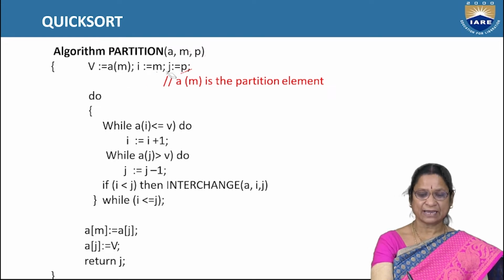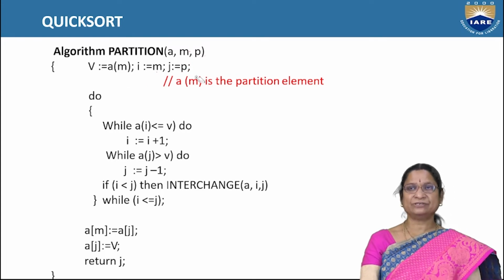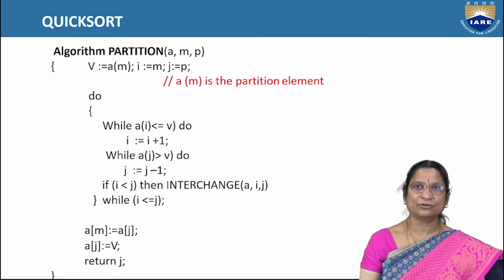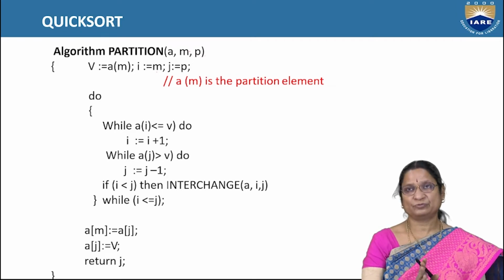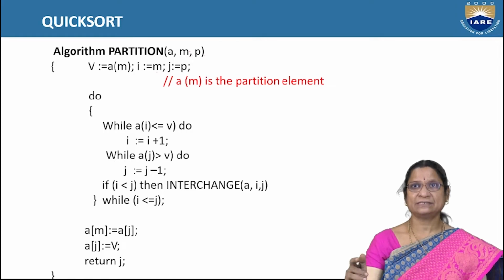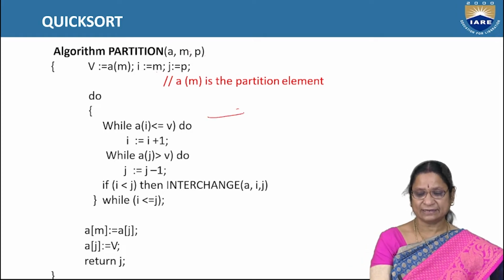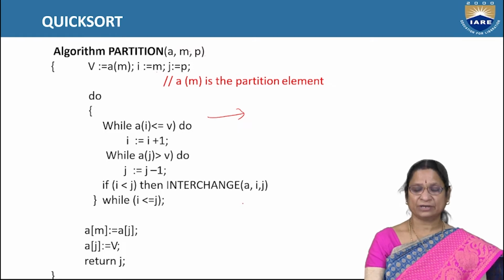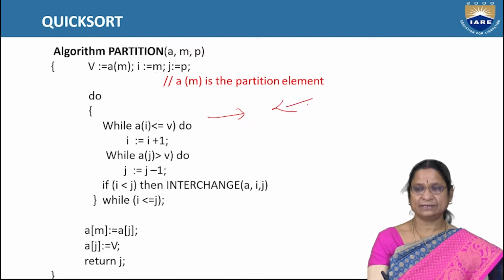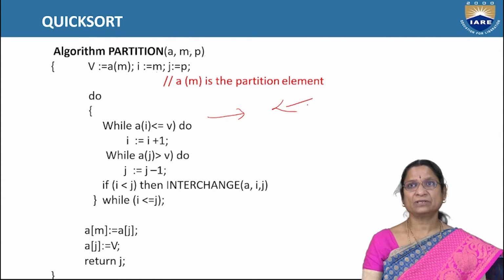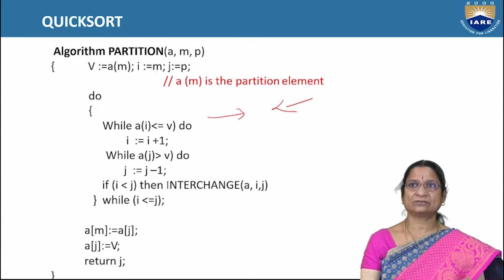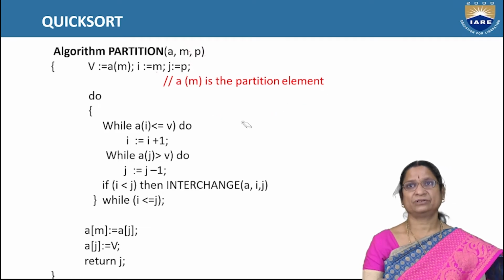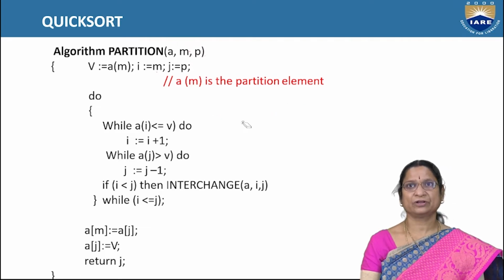That means these I and J values are going to be changing. Instead of changing original values, we are using indices. I moves in the forward direction, from the lower bound, and J starts from the last element and moves from right to left, in the reverse direction.